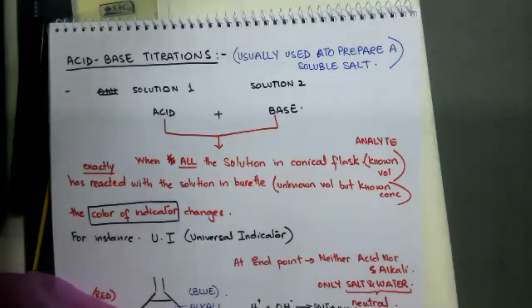And if the salt is soluble, it is difficult to separate from the soluble acid and alkali. Very good, you are correct. This titration is used here to make a pure sample of the soluble salt. By pure sample, meaning that we don't want any of the reactants left over, right?